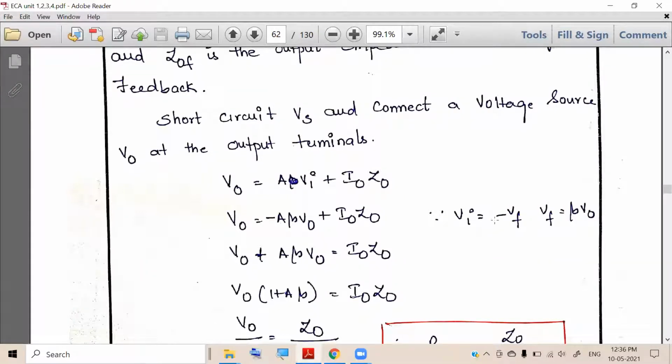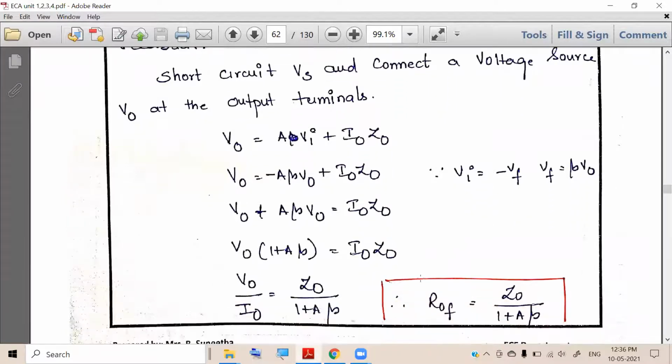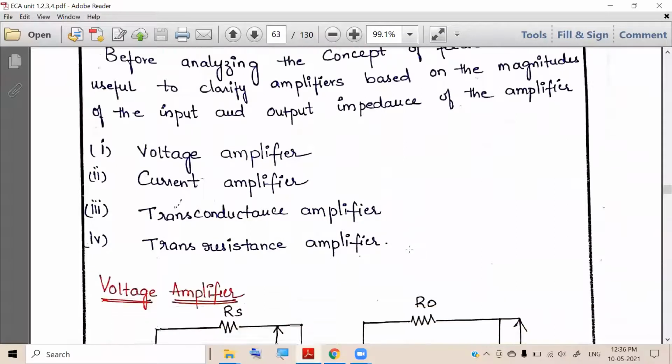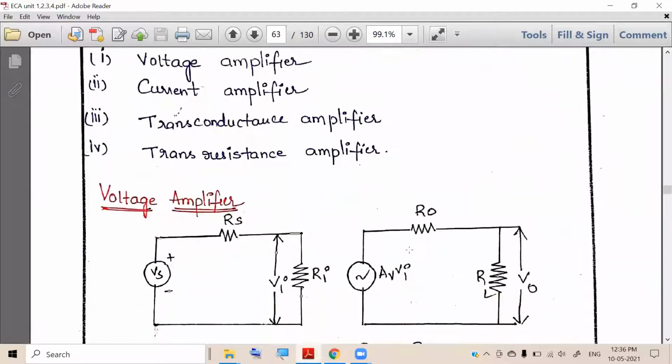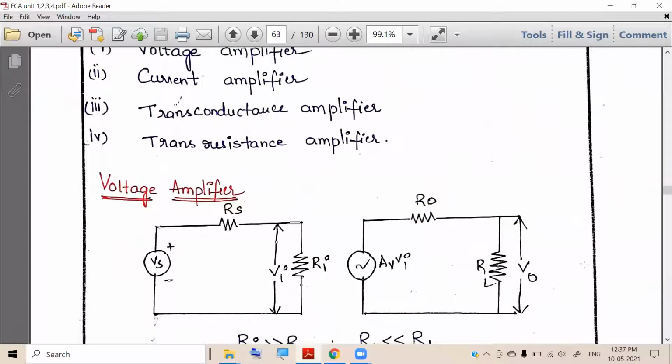Now to get the other relation, we have to see this circuit. Any amplifier we can represent like this: Ri, ABVI, R0. Already I told you.